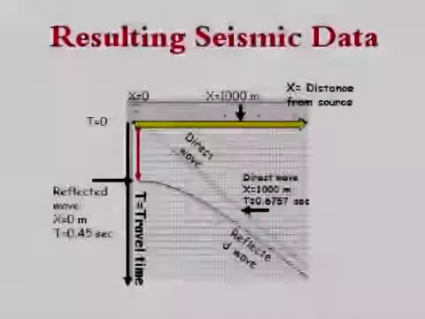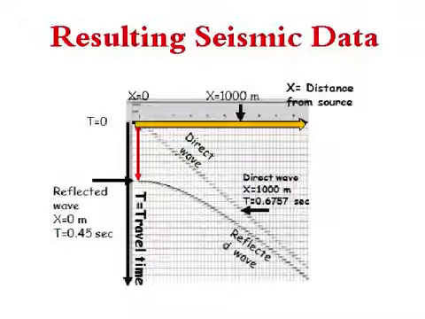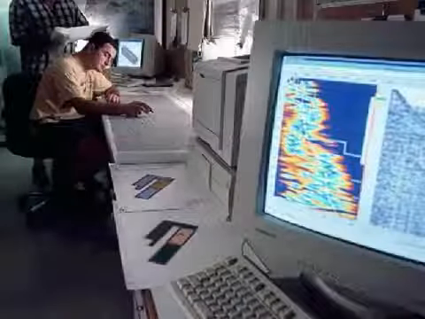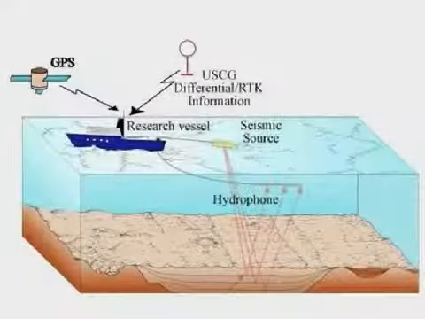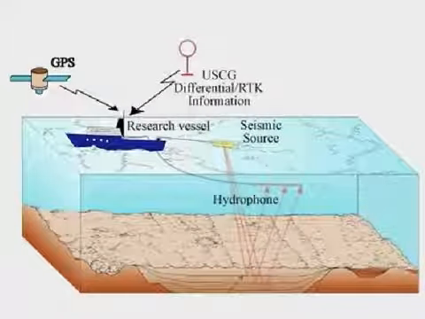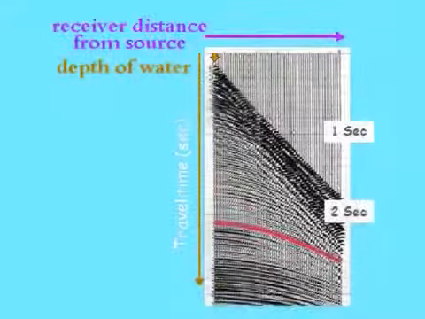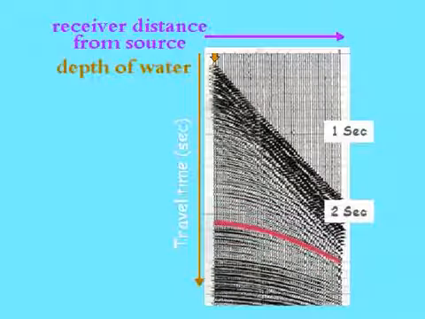We will call this the x direction, and it represents each hydrophone and its distance from the source. Y represents TWTT, or two-way travel time for each hydrophone. Using computers, we can measure and then plot the wave as it moves out to each hydrophone. By looking at the x's and y's, we can see the overlaps from the various hydrophones.